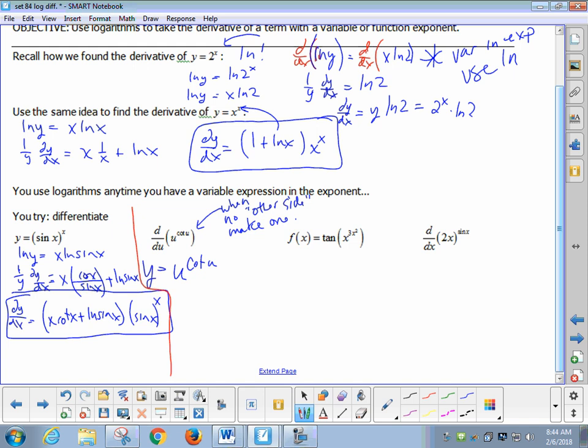So check your product rule on the right-hand side. Check your pieces, your derivative pieces. And then check the overall log differentiation I did. Let me know if you have a question about where I'm coming from.